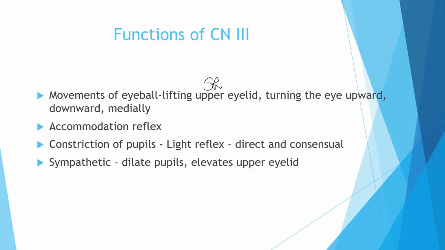These sympathetic fibers pass through the ciliary ganglion without relay, and they are supplied to the dilator pupillae for dilation of the pupils, and to the Mueller's muscle, a part of levator palpebrae superioris, which helps in elevation of the upper eyelid.